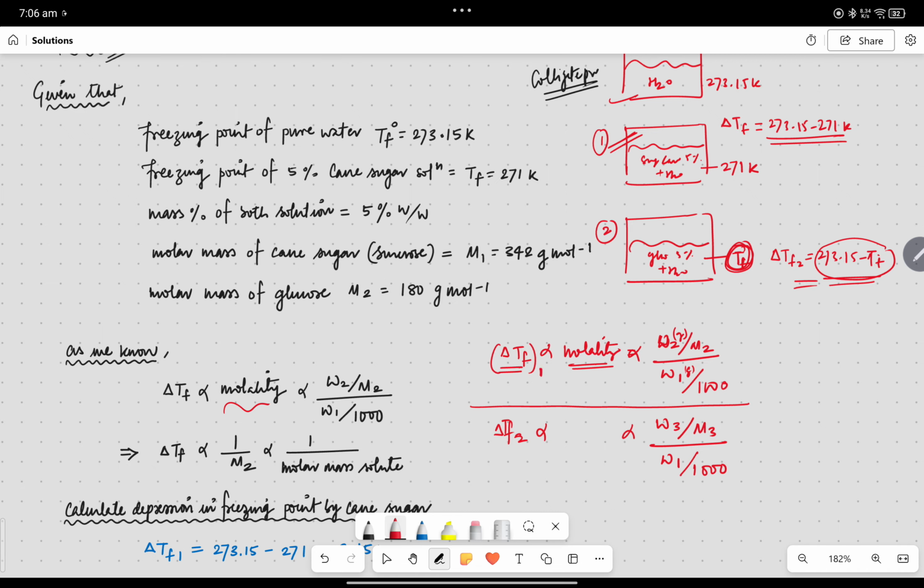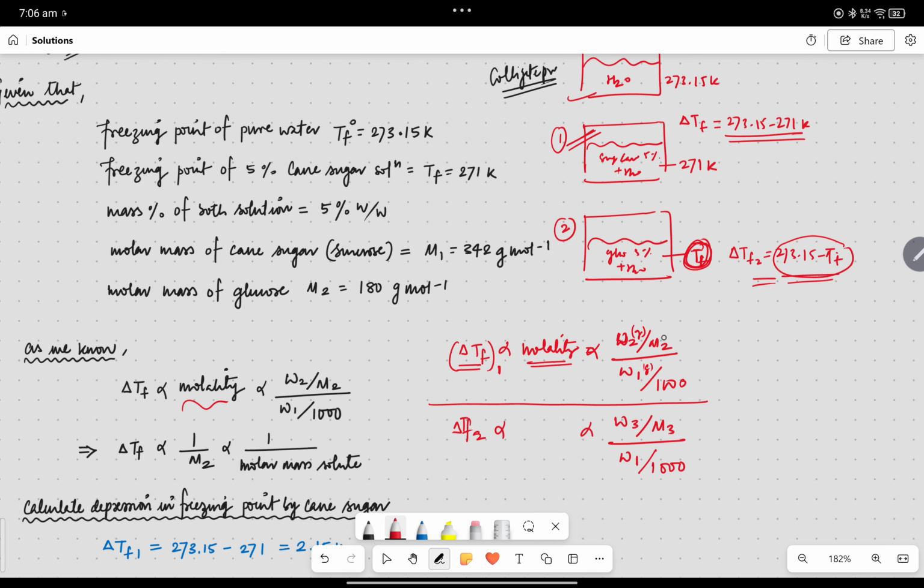In the first case, the weight of sugar cane is 5%, meaning 5 unit mass of sugar cane is present in 100 unit mass of solution, right? And here the same thing is happening: 5 unit mass of glucose is present in 100 unit mass of total solution, right?